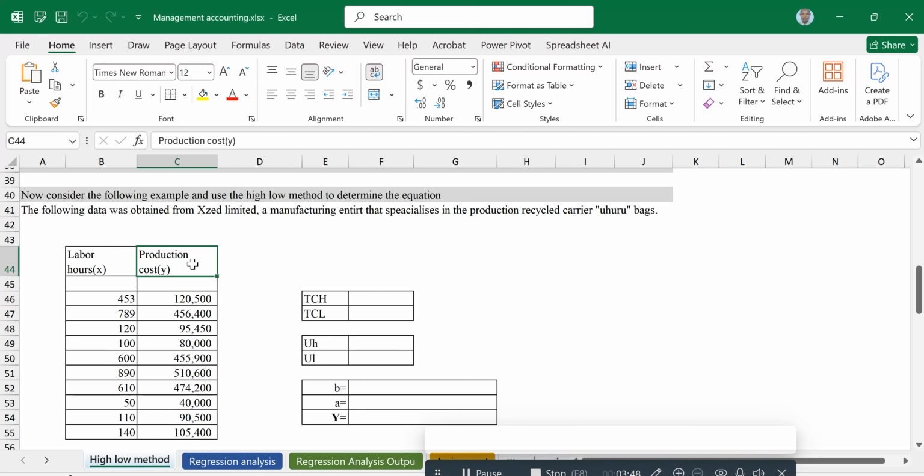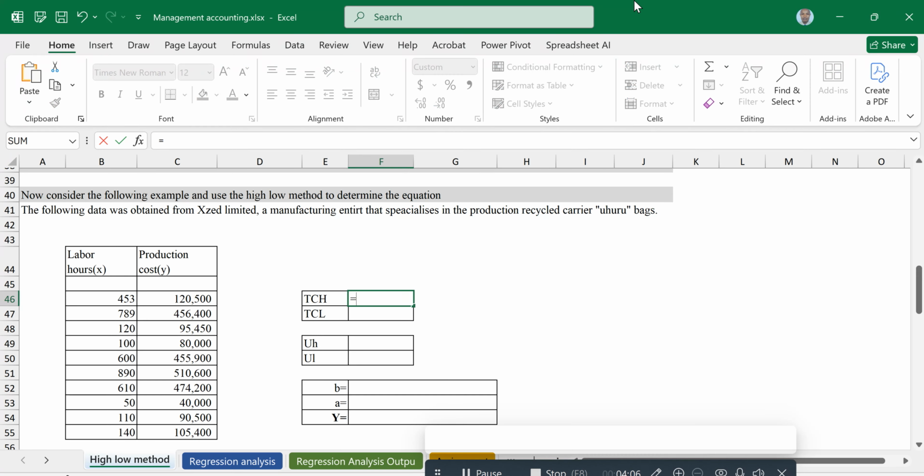Having gone through the question, we want to locate the total cost at high. Assuming the data is big, how do you get the total cost at high? You can use the max function. So equal sign, then max, then tab, and select the highest level of activity from the production cost.